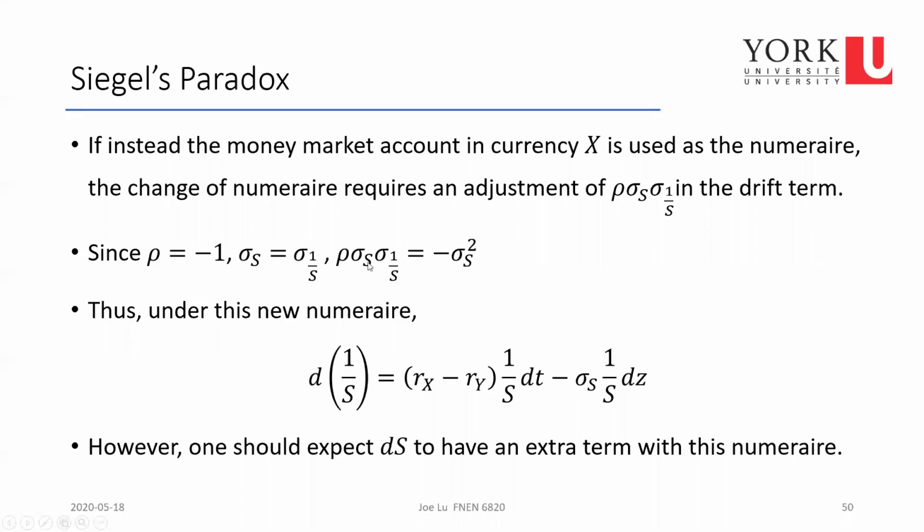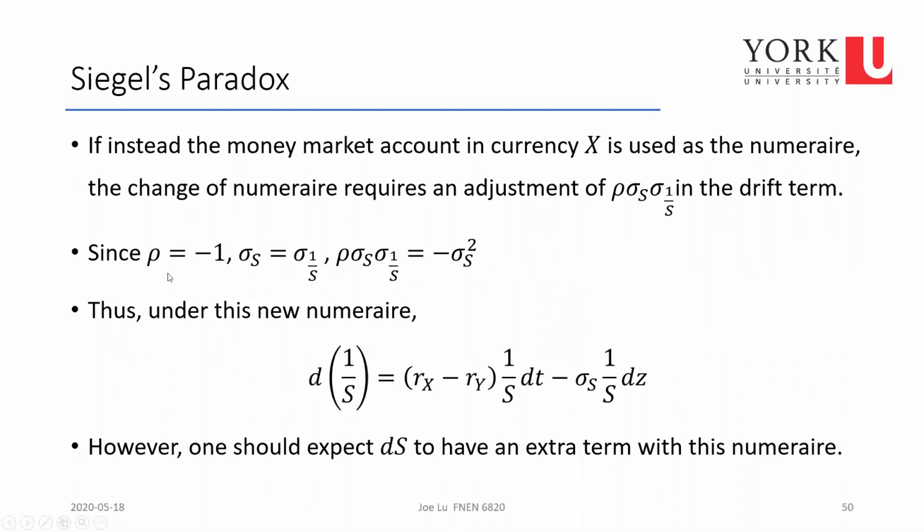So the adjustment here relies on this particular factor. You put it in here, and you see that rho is -1, because one is s, the other one is 1 over s.